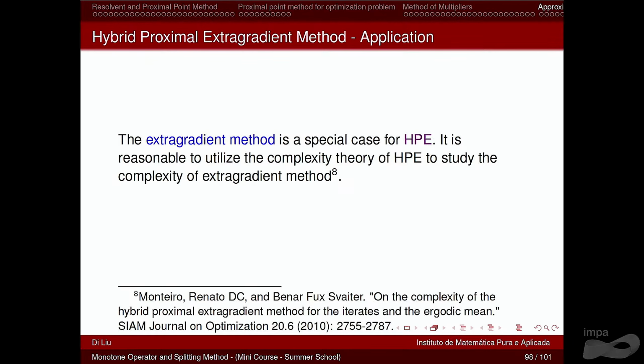Of course, you can see the exact extra gradient method is a special case of HPE. The approximate extra gradient method is also a special case of HPE. And they used the complexity theorem of HPE to study the complexity of the extra gradient method.